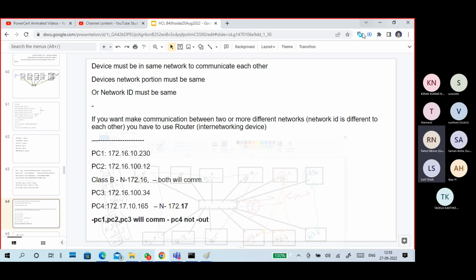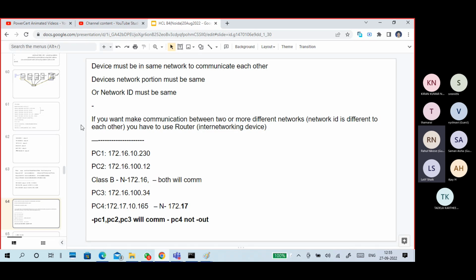What is a router? A router is an internetworking device which makes communication between two or more networks.